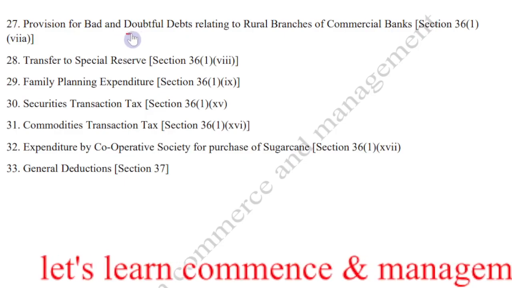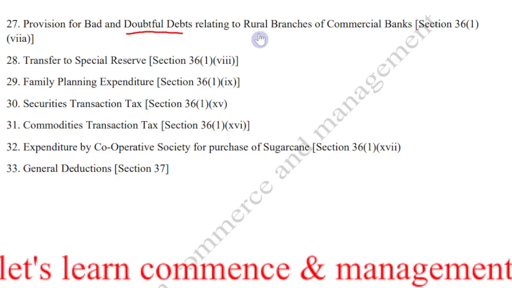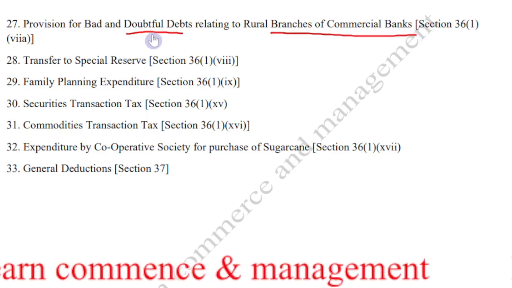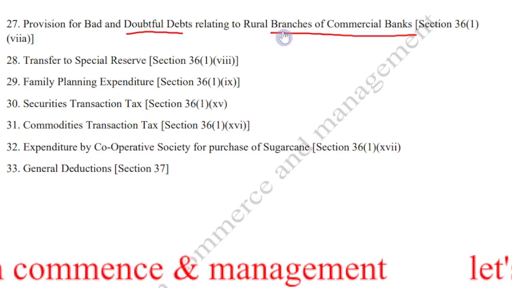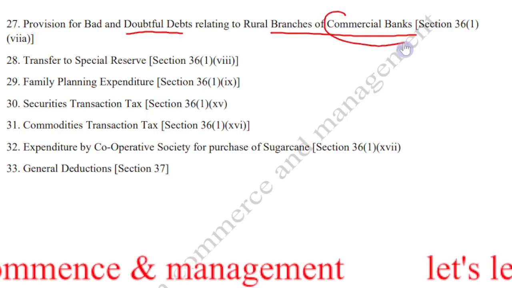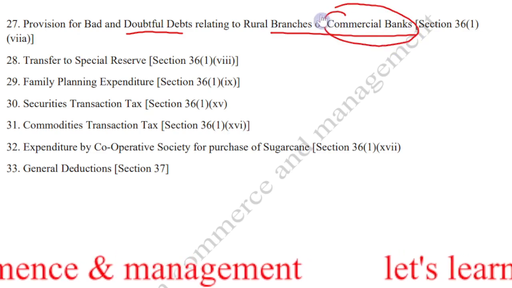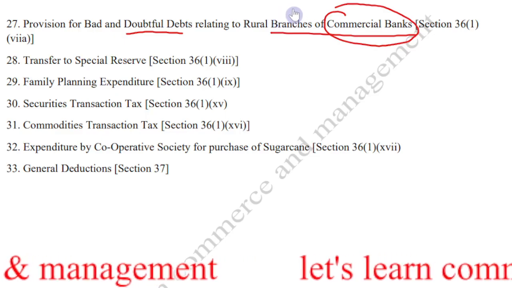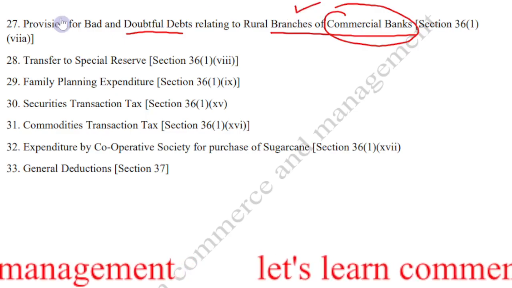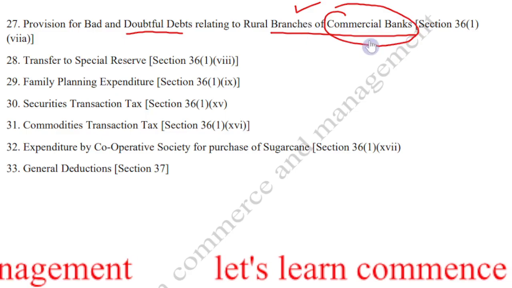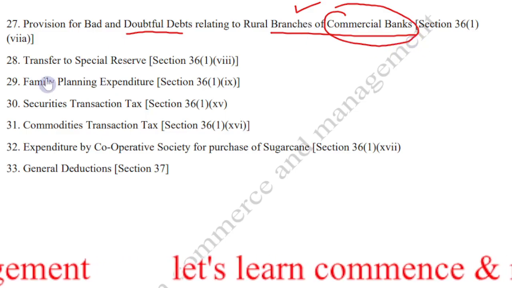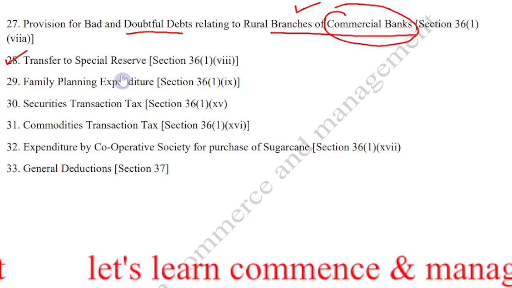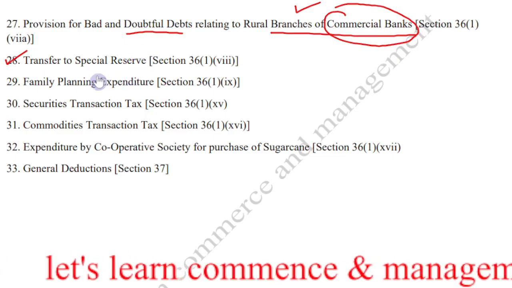For bad and doubtful debts relating to rural branches of commercial banks, only the provision for bad and doubtful debts relating to rural branches of commercial banks is considered a valid expenditure, for which deduction will be allowed. Then transfer to special reserve. Any transfer made to special reserve is also considered admissible expenditure.